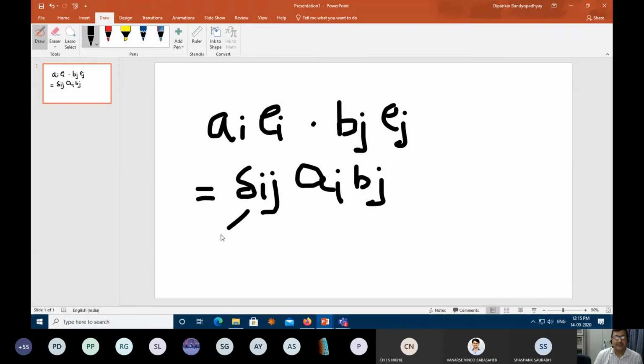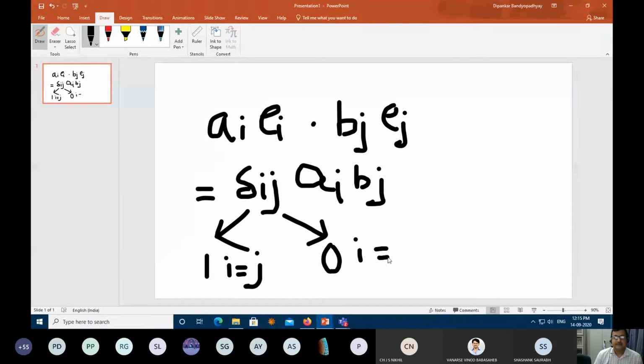Kronecker delta, by definition, has two different cases. It is equal to 1 when I is equal to J, and it is equal to 0 when I is not equal to J. Great.